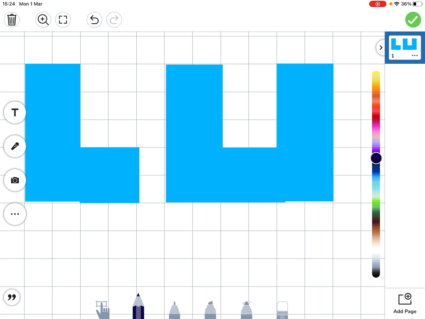I just want you to think, looking at the L shape first. How could we split this up? How could we split this up so it would be easier to calculate the area and the perimeter?